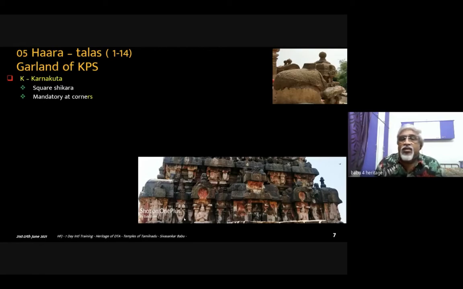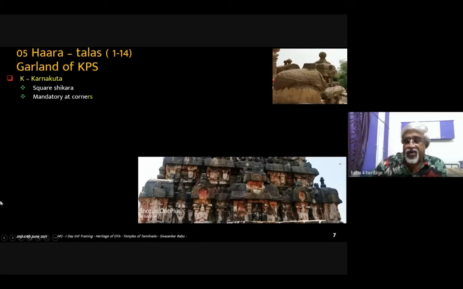In the corner, there is one temple type called Karnakuta, which is like a small temple with a Nagara type square shikara. Here, if you see this, only the 4 components are available: the stupi, shikara, and then there is no small griva, and then there is a pitti or wall portion. Only that much is represented as a small temple.